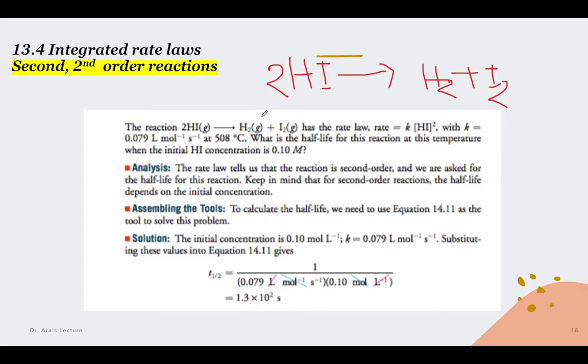Here we have the decomposition reaction of hydrogen iodide, which follows a second order reaction. In the problem, we have a reaction, a k value, and also a concentration. So what is the half-life?